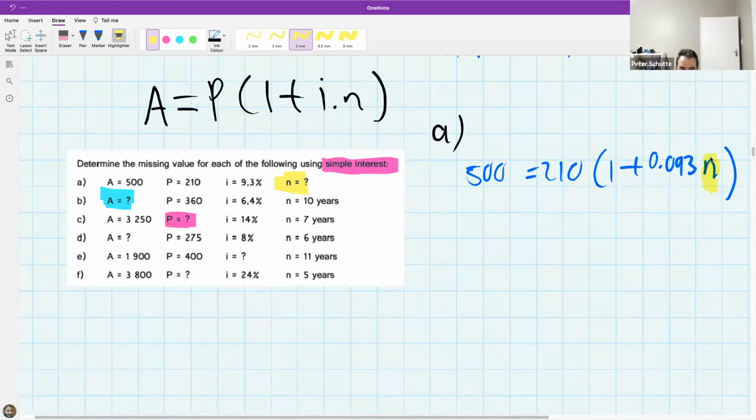So in the first one, you start with 210 Rand, you end with 500, and your interest rate is 9.3% per annum. Now we convert that to a decimal, it's normally easier, or 9.3 over 100 would also be fine. And can you find N from, it's hidden inside the bracket there, can you free it using algebra? Free N from its jail.